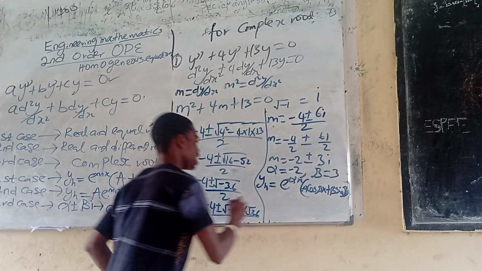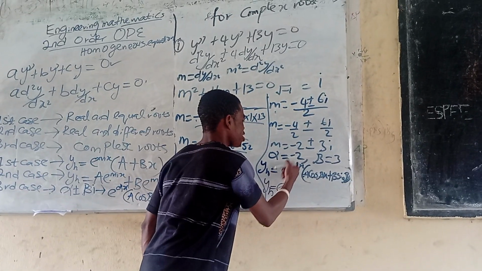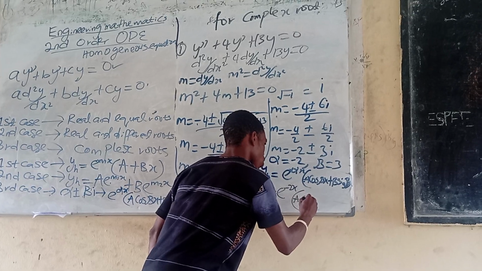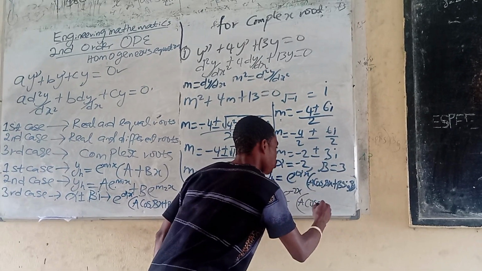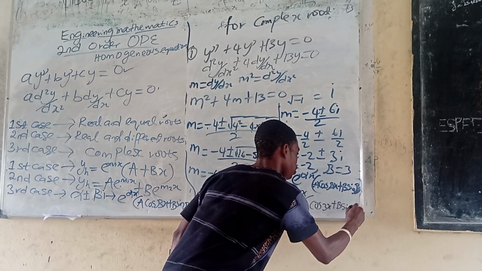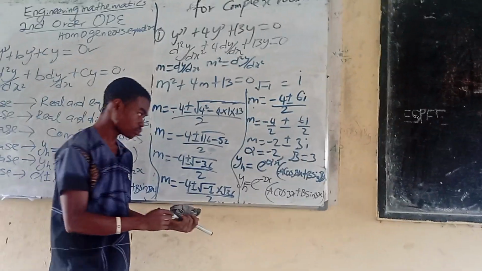So we get our homogeneous equation as exponential minus 2x, a cos 3x plus b sine 3x. So this is the general solution to the question.